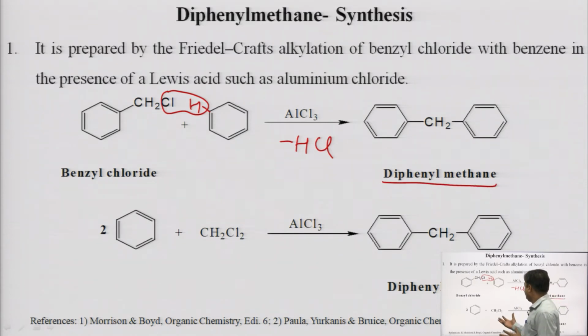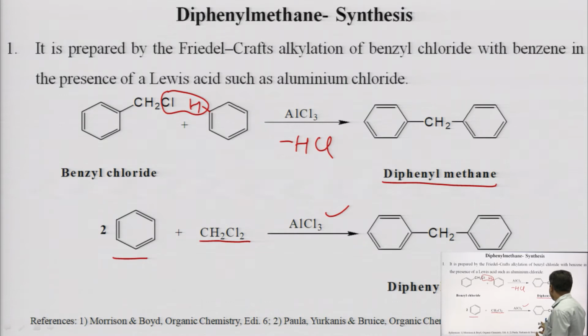We can also use dichloromethane for the synthesis of diphenylmethane. When two moles of benzene are reacted with dichloromethane in the presence of a Lewis acid like AlCl3, we again get diphenylmethane as a product. Again, the presence of the Lewis acid AlCl3 is very important.